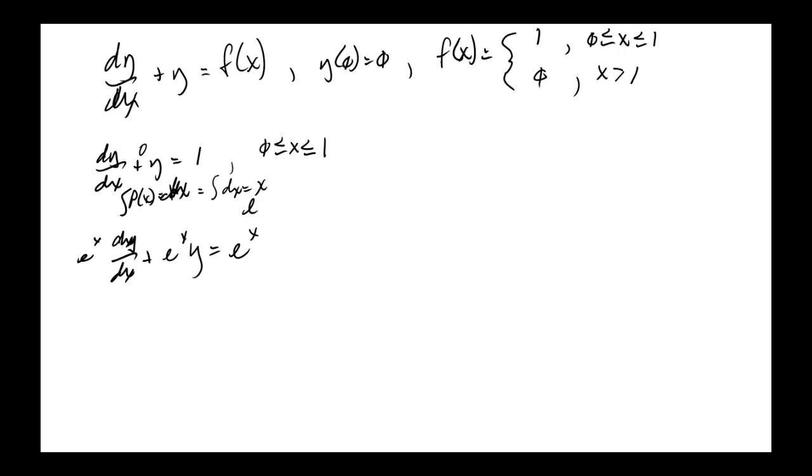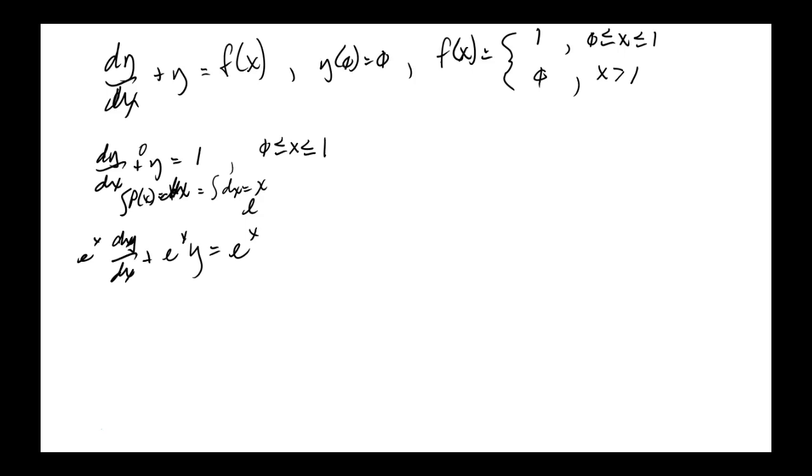Now they said you could also have p of x being a piecewise defined function. That's going to take a little different approach, but the f of x is pretty easy. What this one is, f of x is 1 anytime x is between 0 and 1, and it's 0 anytime x is greater than 1. So this function is defined only for x's greater than or equal to 0, and there's a jump discontinuity at x equals 1.